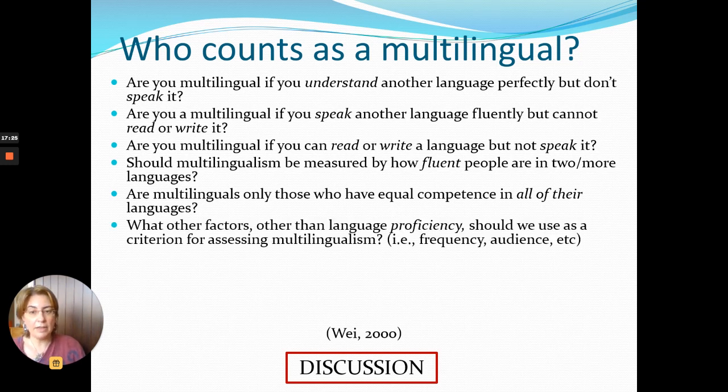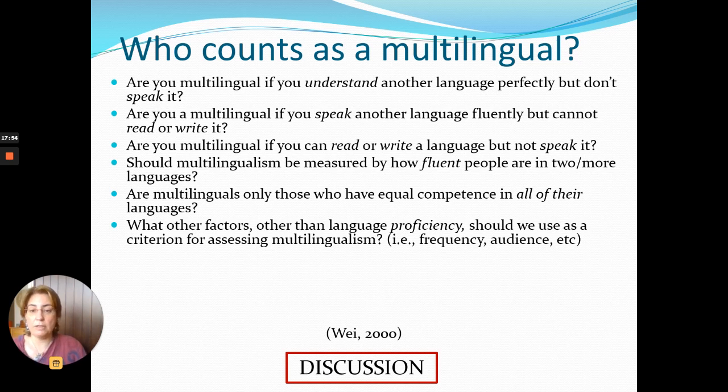What other factors other than language proficiency should be used as a criterion for assessing multilingualism? So if it's not your knowledge of the language, what other factors might make you decide that a person is multilingual? The frequency in which that language is spoken by that person, the audience, what the audience think of how that person performs in that language.